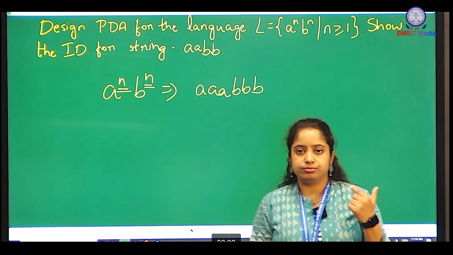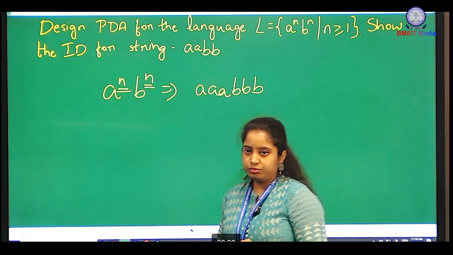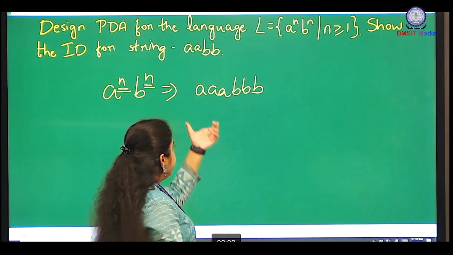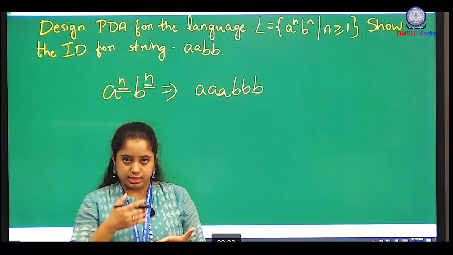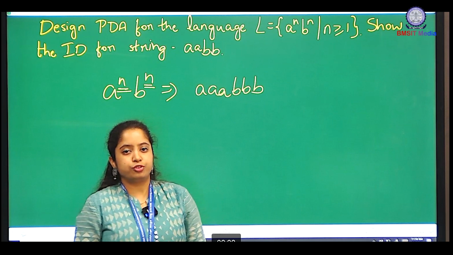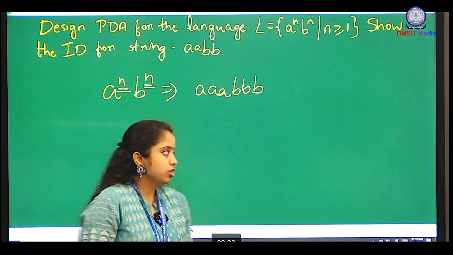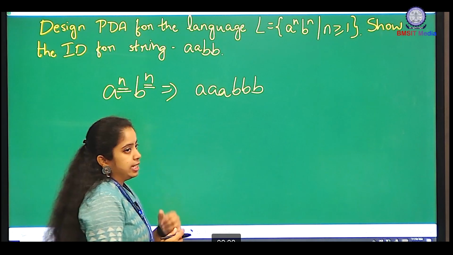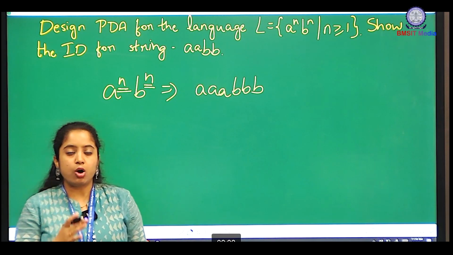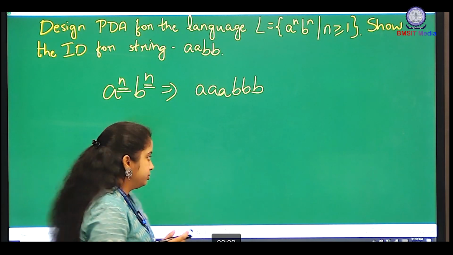Now comes the importance of the stack. Why do we have to use a stack here? Because I need to know how many A's I have received, and for the corresponding B's I have to count it. So only we have a stack element. By taking this example, I will tell you how the stack works.